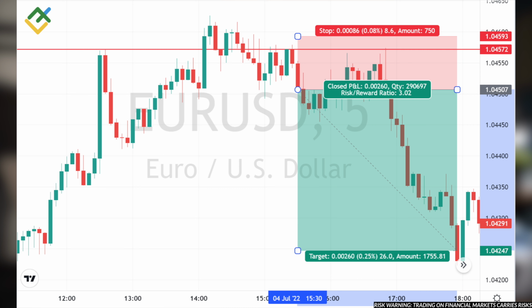The third pattern, PPR, provides an entry level of 104,507 and the stop loss is at 104,593. So the exit price is at 104,247. As a result, the trade yielded 26 pips with a potential risk of 8.6 pips. In this case, it took some time for the trade to work out.